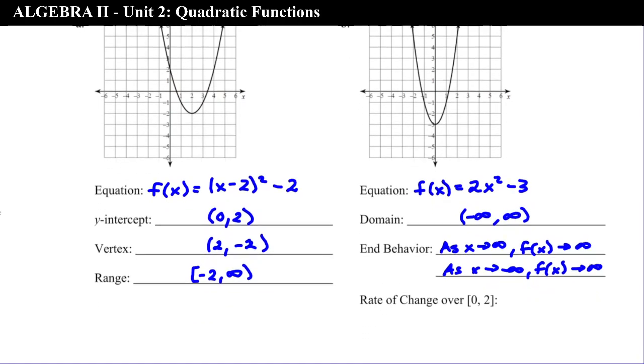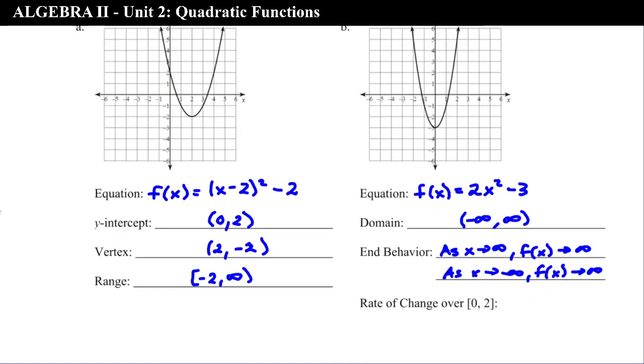Now let's do the rate of change, and I'm going to scoot this up a little bit so we have room to do that. Recall that rate of change is change in y over change in x. So all that really means is we're going to do y2 minus y1 over x2 minus x1. Well, let's say x2 is 2, x1 is 0.